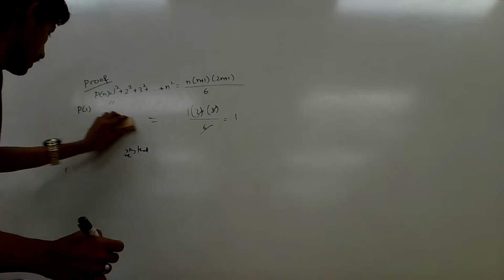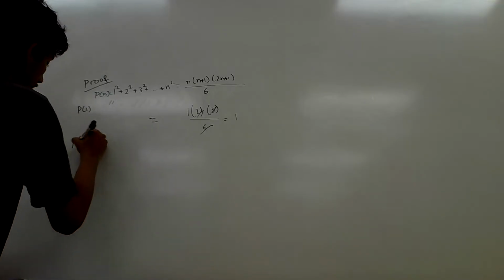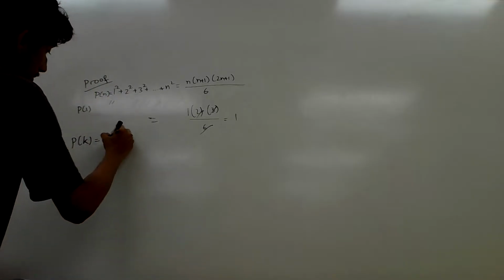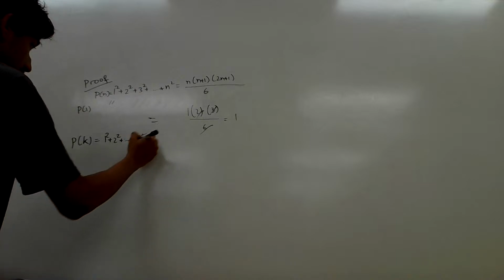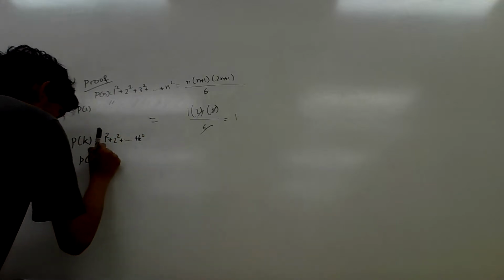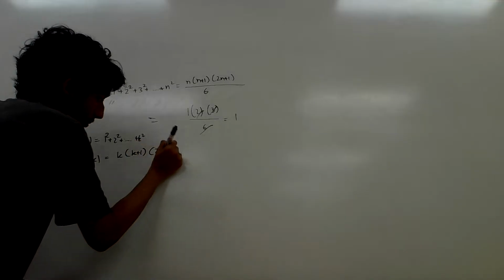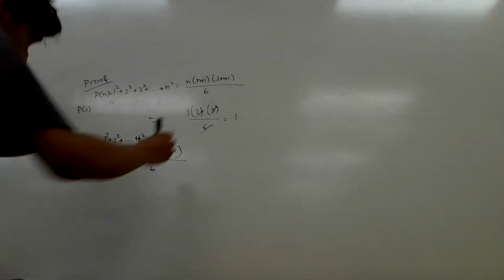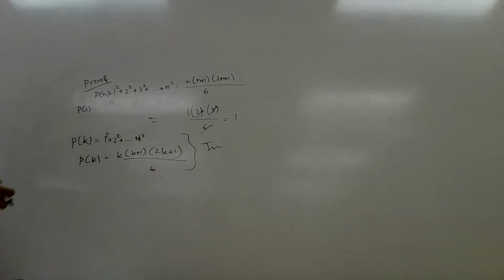What you can write as p of k will be 1 squared plus 2 squared plus so on until k squared. This p of k is also equal to k times k plus 1 times 2k plus 1 divided by 6. Now these two statements are true for you.